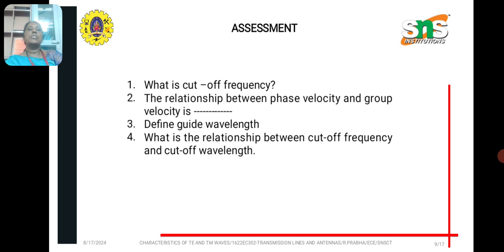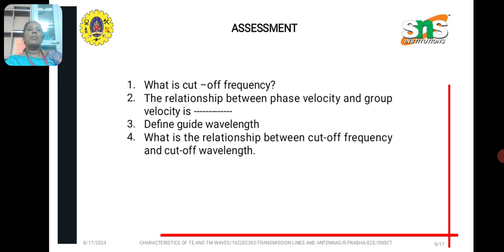And the relationship between phase velocity and group velocity is a well known formula: lambda g lambda ph is equal to v squared, that is the velocity of light the whole squared. Define guide wavelength: it is the wavelength of the wave when it is propagated through a guide or a parallel plane waveguide.